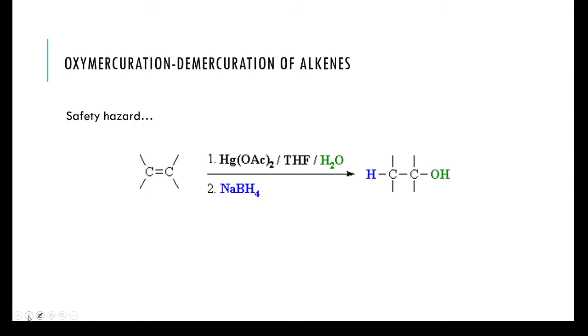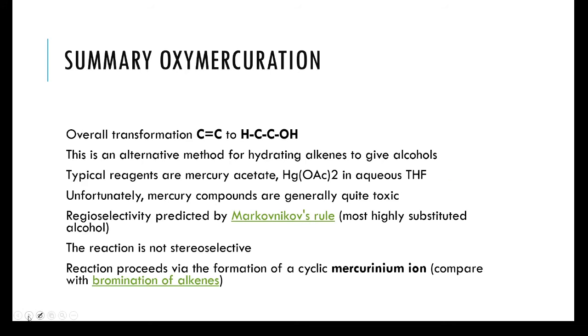But again, you may see this on a worksheet on Blackboard, or if you're looking up reactions online, you may see these pop up. So you should know what happens. The sodium borohydride is there to get rid of the mercury. Again, regioselective because of Markovnikov's rule.